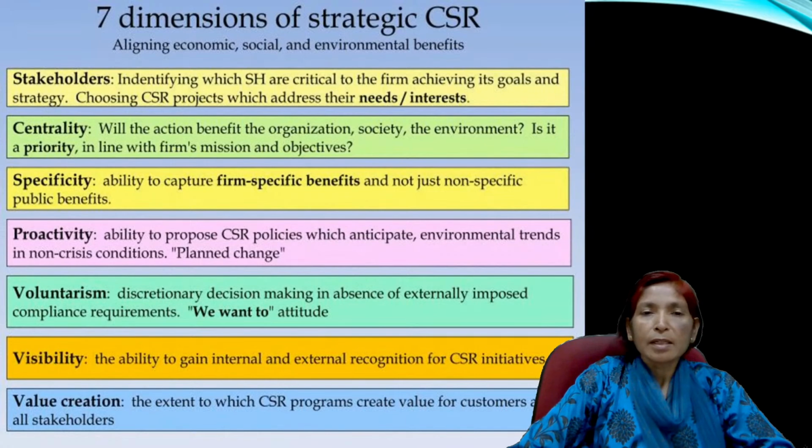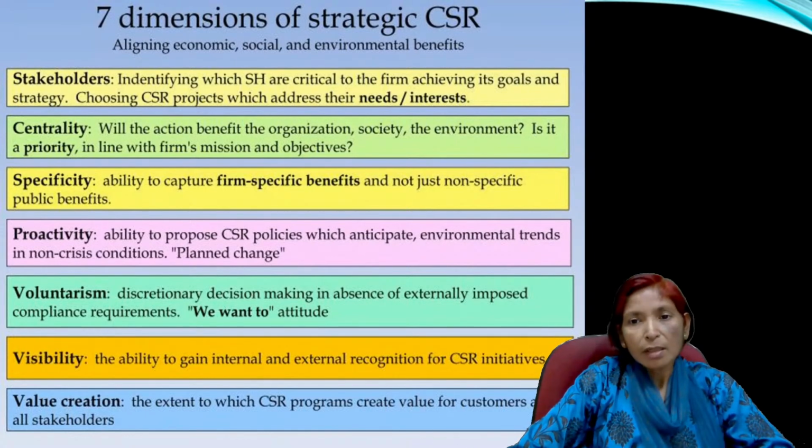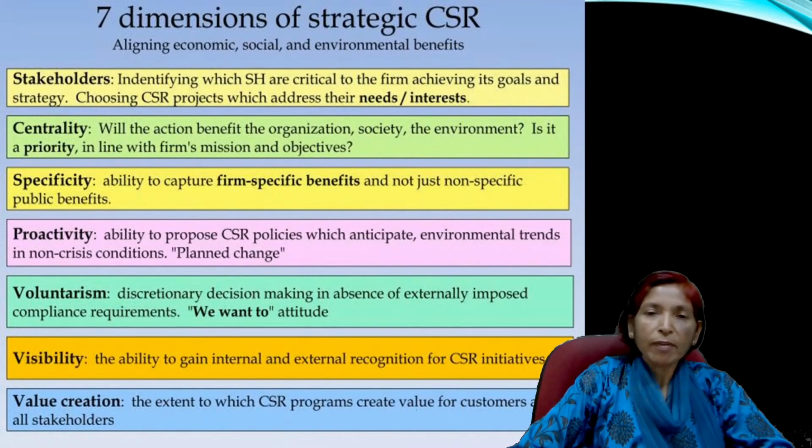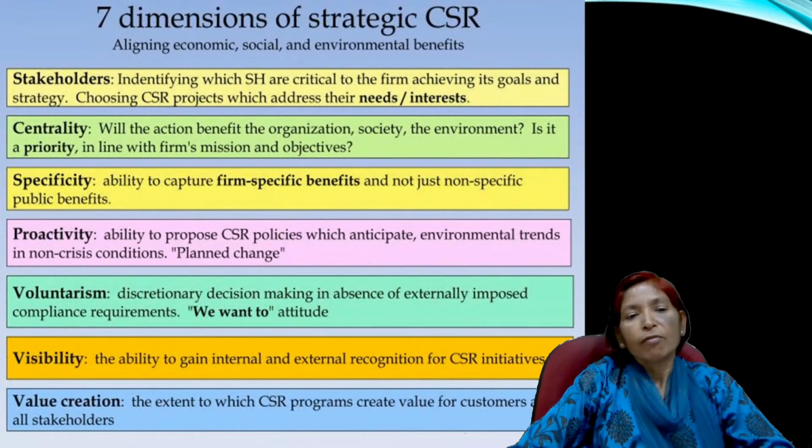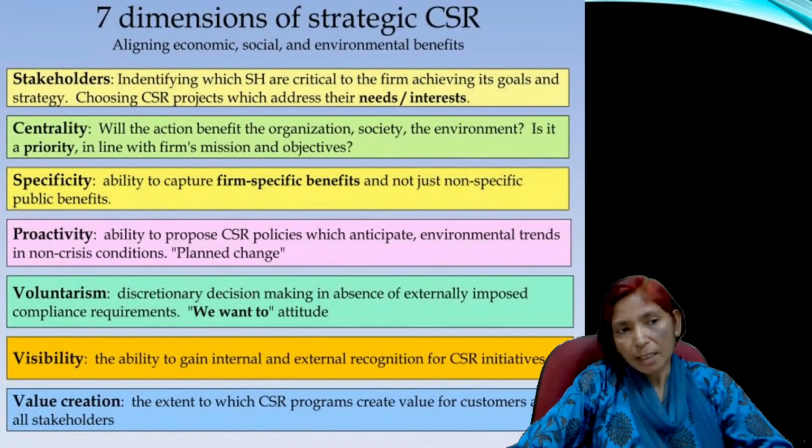Second is centrality. Centrality tells us the action taken by the organization for the society and environment: will the action benefit the organization, society, and environment? Is it a priority in line with the firm's mission and objective?